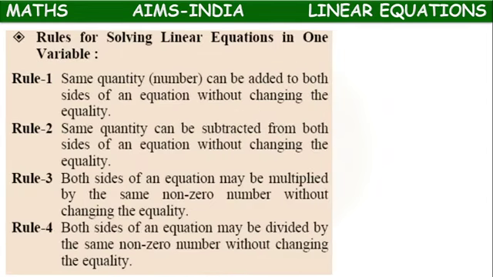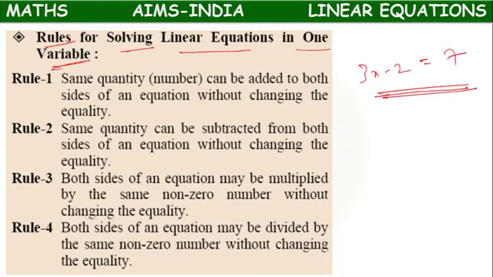Next, here we have to follow some rules for solving linear equations in one variable. 3x minus 2 equals 7 is a linear equation in one variable x. For solving this kind of linear equation, we have to follow some rules. Rule 1. Same quantity or same number can be added to both sides of an equation without changing the equality.